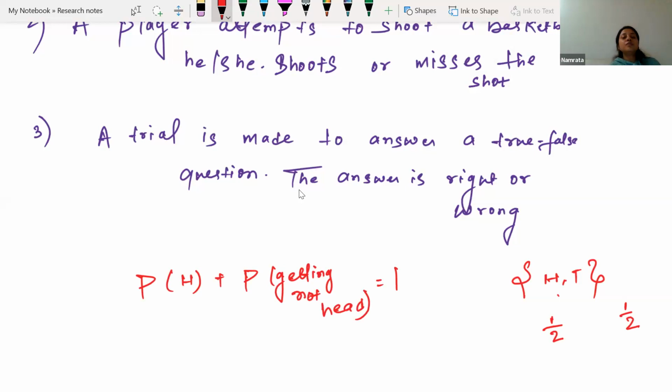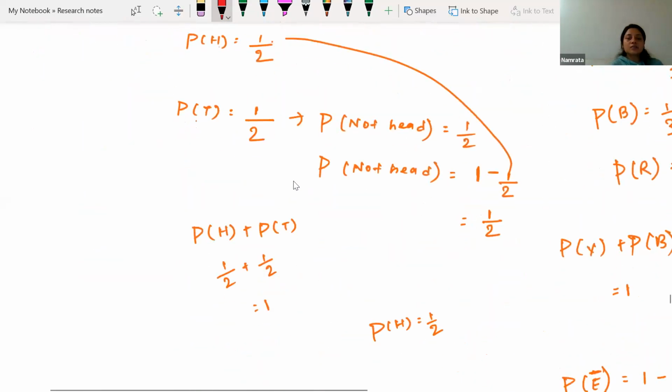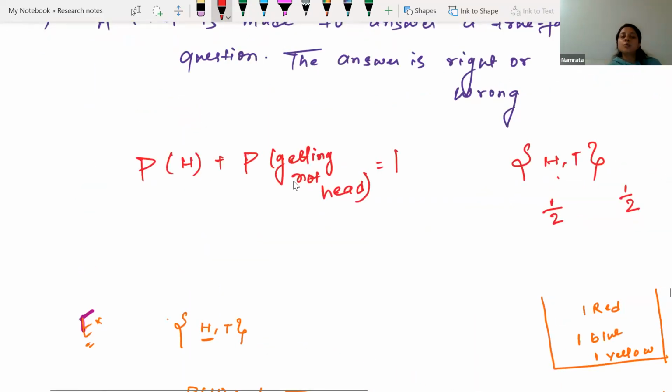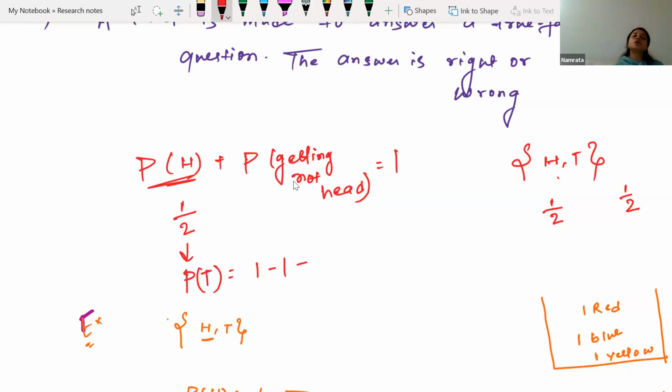So whenever we have to find the probability of something, if we know the probability of getting head is 1 by 2, then the probability of getting tail, without looking into the sample space and without using the formula, is 1 minus 1 by 2.